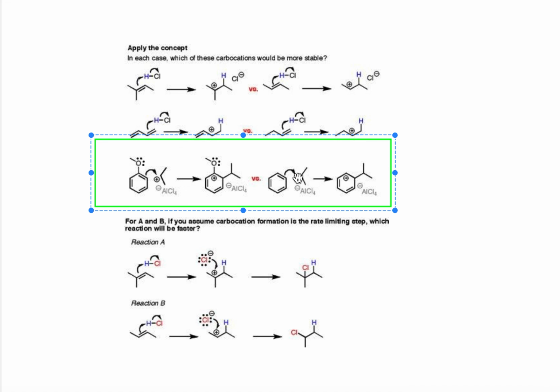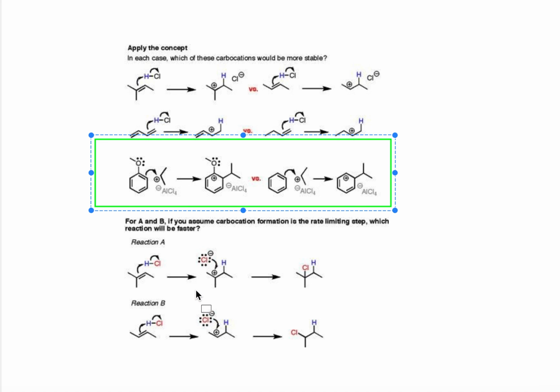Whereas in the case of phenyl, the reaction of benzene with the isopropyl cation produces again a secondary carbocation without any substituent. In the first case, we have a methoxy group that is providing a lone pair of electrons to stabilize the carbocation, whereas in the second case we don't have any stabilizing substituent with the carbocation. So the first reaction again must be faster as compared to the second.